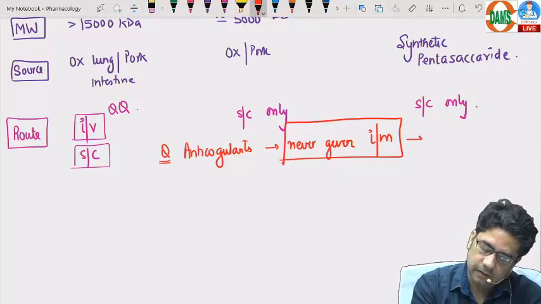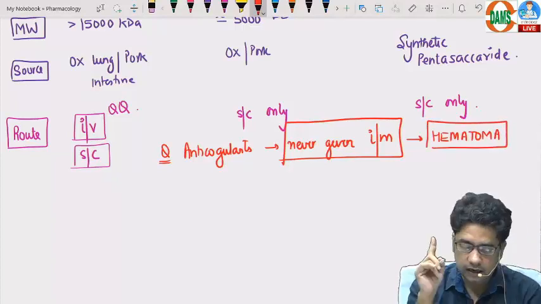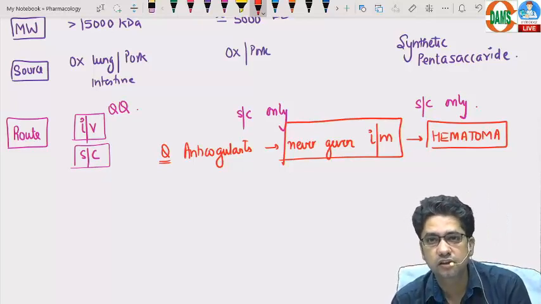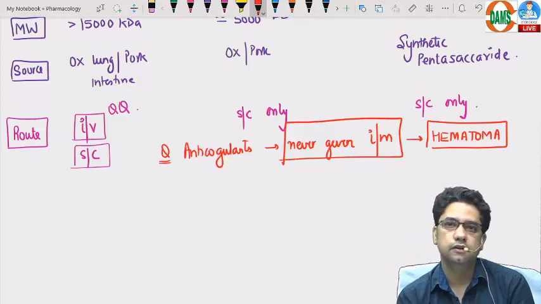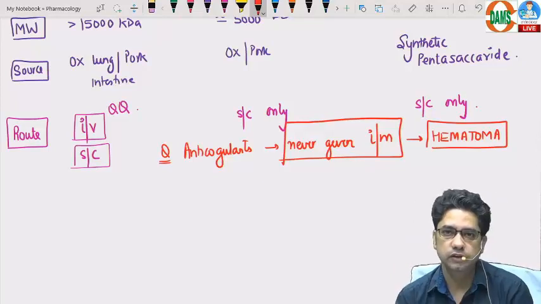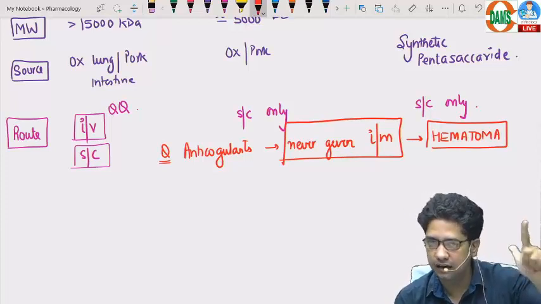If the blood will be collected inside the muscle, it will lead to hematoma formation. That is why anticoagulant drugs, they are never given by which route, by which injection? Intramuscular. Understood बच्चों?